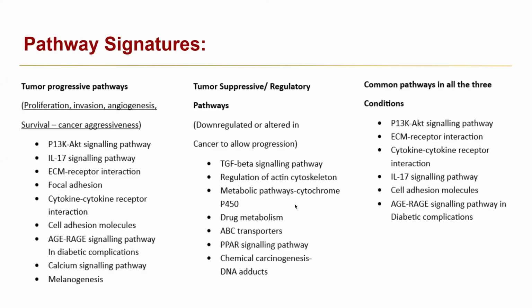These are suppressed, and due to the suppression of these pathways, cancer progression goes further. And then there are certain common pathways which are included in all the three conditions. It means they are highly significant in all the three conditions.